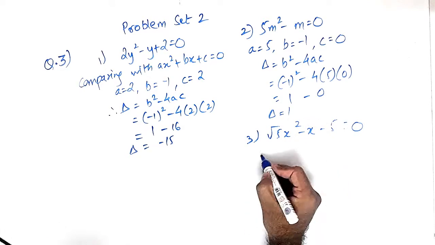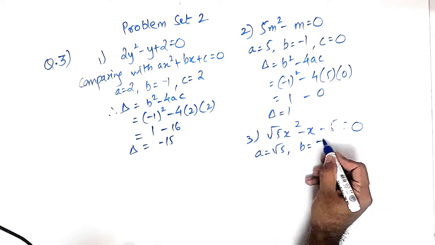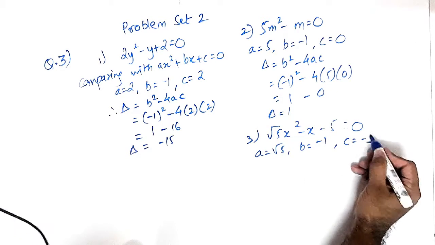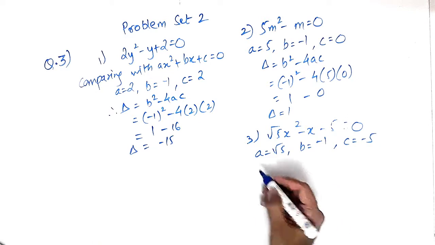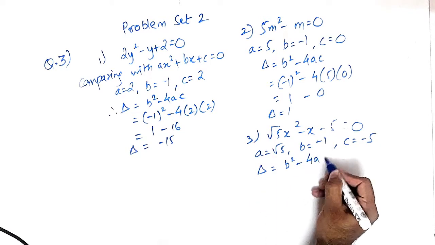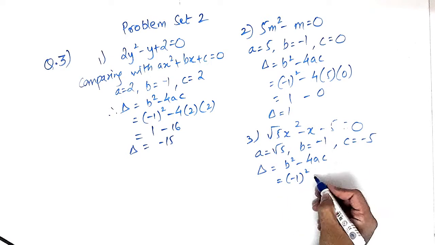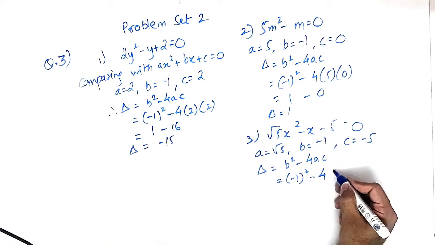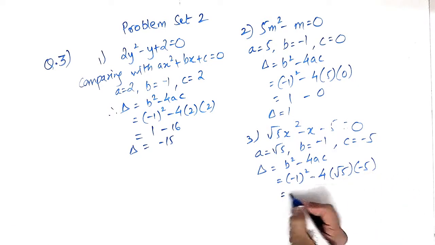Okay, let us come to the third one. What is a here? Root 5, b minus 1 and c minus 5. Okay, now discriminant is equal to b square minus 4ac. What is b square? Minus 1 square minus 4. A is root 5, c is minus 5.